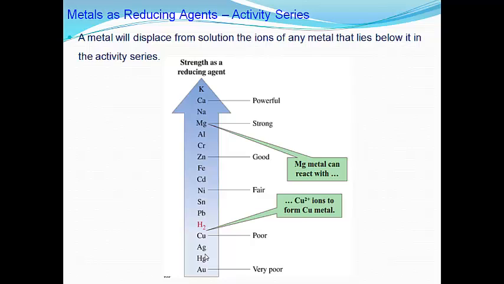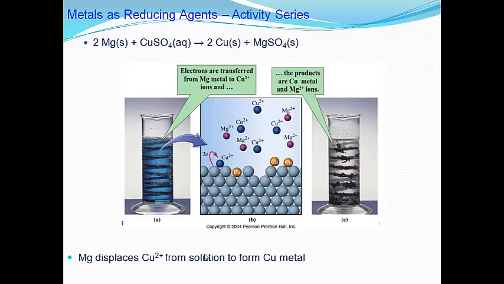So if we go back to our reaction where we have our copper sulfate solution and our magnesium coil in it, the reason why this reaction occurred to form copper solid and magnesium sulfate is that magnesium is higher in the activity series than copper, and therefore has the ability to displace copper from solution.